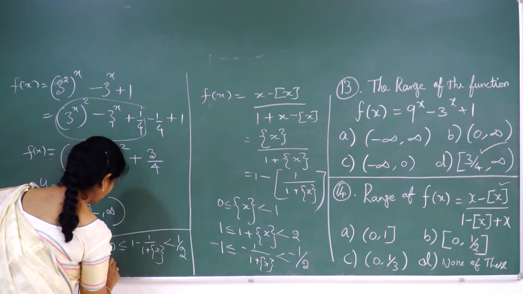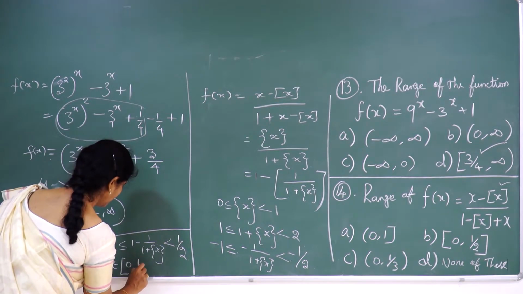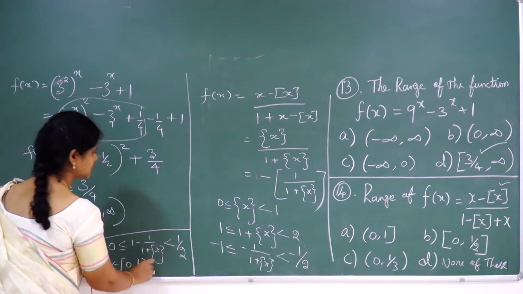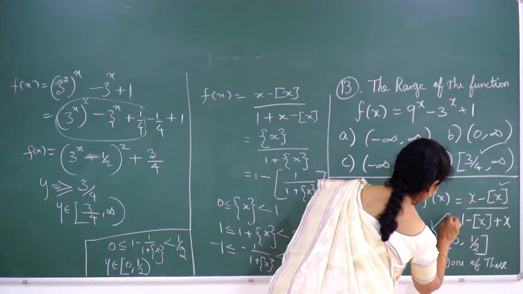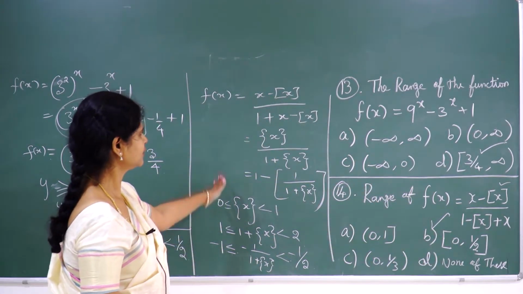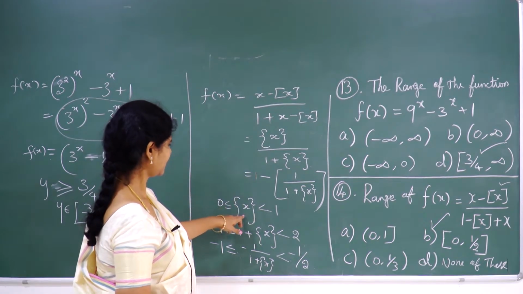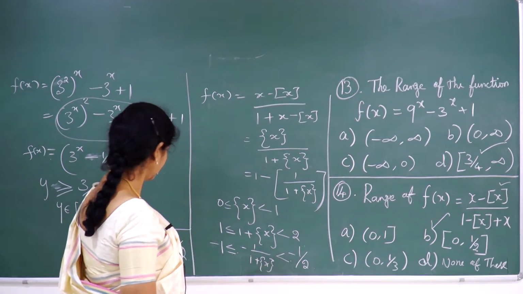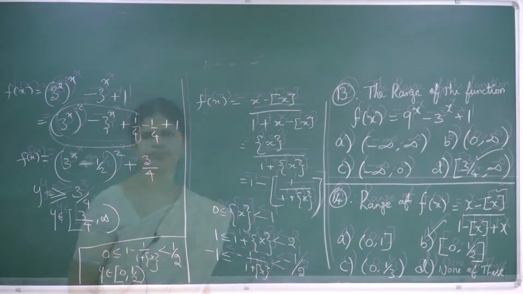So y belongs to the interval 0 comma 1 by 2, closed at 0. This is your range, and option B is your correct answer. In this way you have to find the range of this function using the greatest integer property and the fractional part, and you get the answer 0 to 1 by 2.